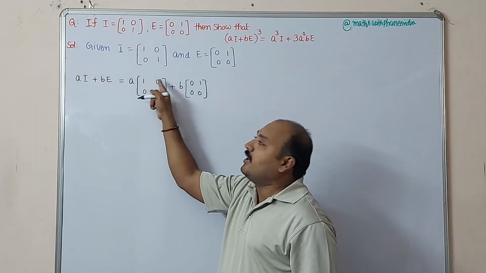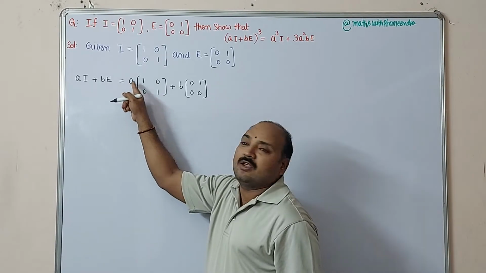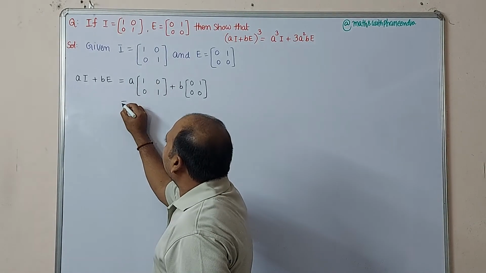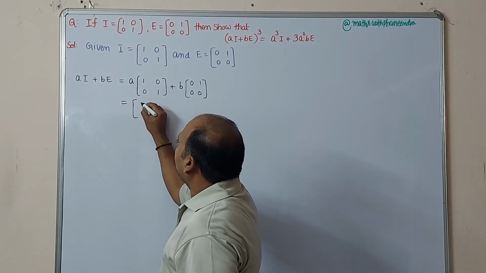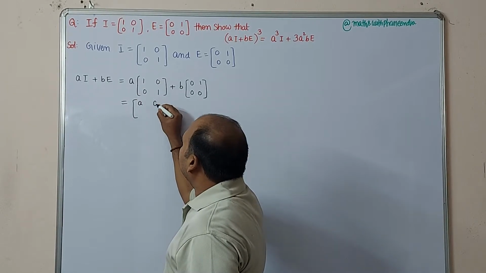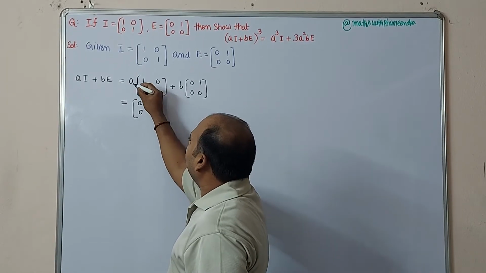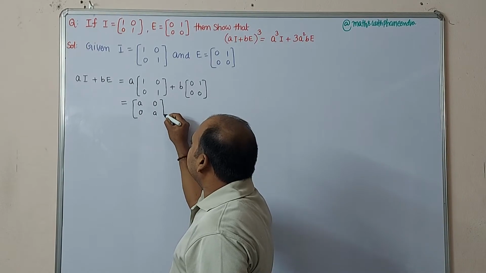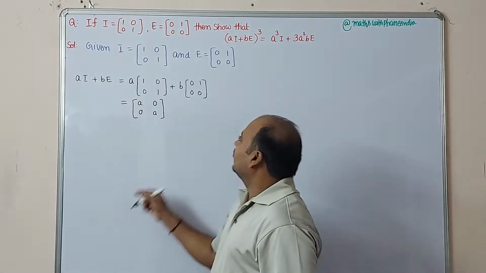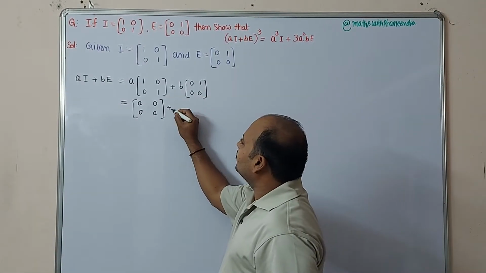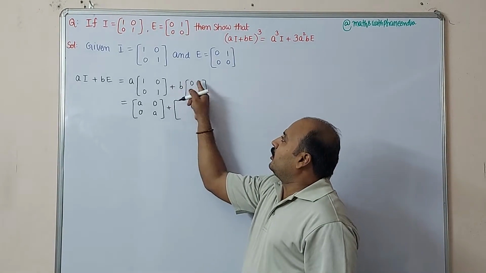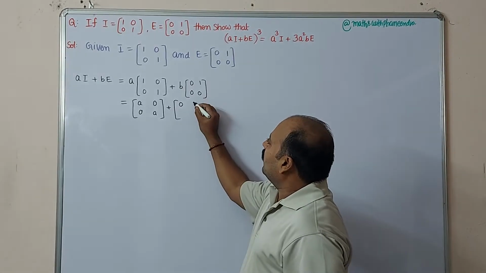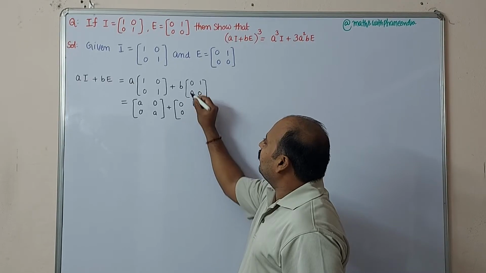Each and every element of this matrix is multiplied with a. So it becomes a into 1, a into 0, a into 0, a into 1. So this is the value of aI. Next, plus b into 0, b into 1, b into 0, b into 0.